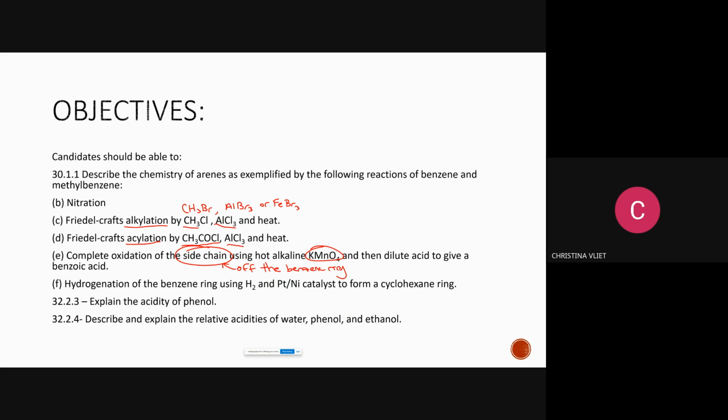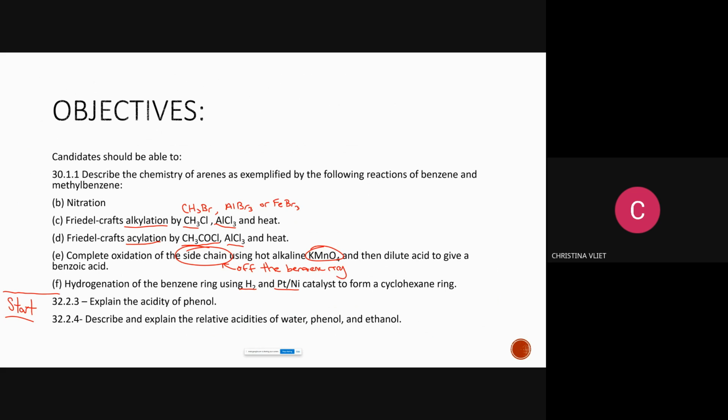Hydrogenation. We've heard of hydrogenation before. Do you remember that one? Back in the day, it meant add hydrogens. The conditions are the same as they were back in AS chemistry. So we can actually hydrogenate a benzene ring by using H2 and platinum or nickel catalyst. Then finally, we're going to start talking about phenol today and start getting to reactions of phenol versus regular benzene.